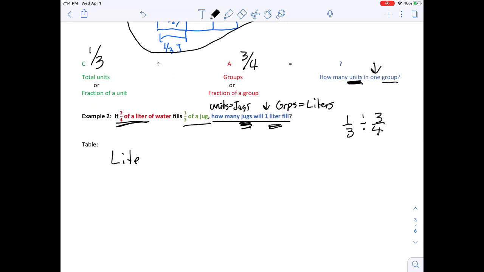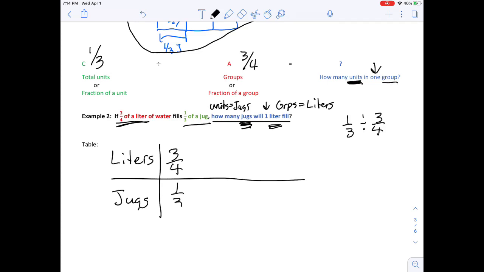We have liters, we have jugs, 3/4 of a liter from the problem, 1/3 of a jug from the problem, and this time I'm trying to figure out 1 liter. Now notice I left a space here. I wasn't given the unit fraction for liters, so I might have an intermediate step.